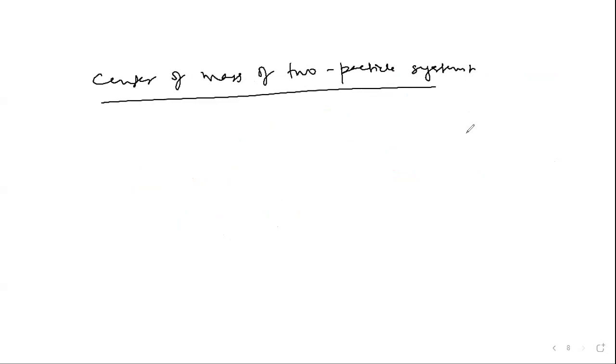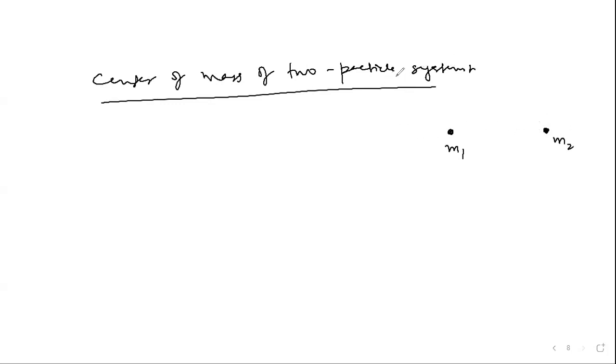So if we have two particles M1 and M2, remember, if you have a two particle system, any two particles always lie on a straight line.